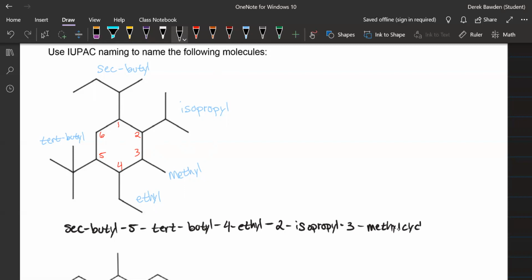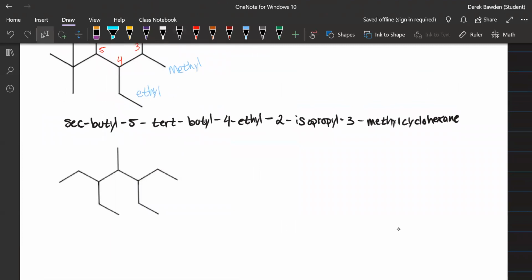Cyclohexene. Perfect. Very long name for a very complicated looking molecule, but if you just take it slowly, look through, make sure that everything is lined up exactly how you need it, you'll be good to go. Nothing too crazy.